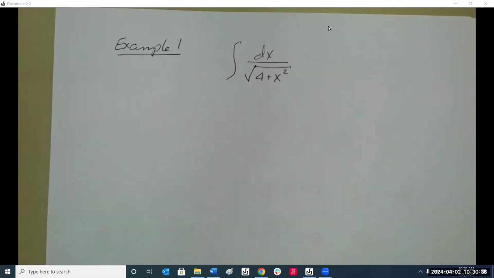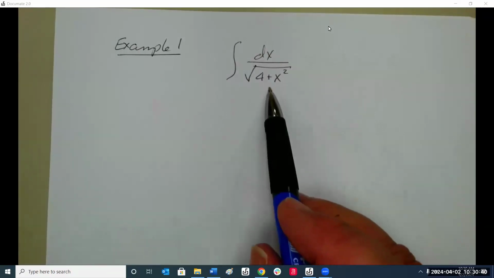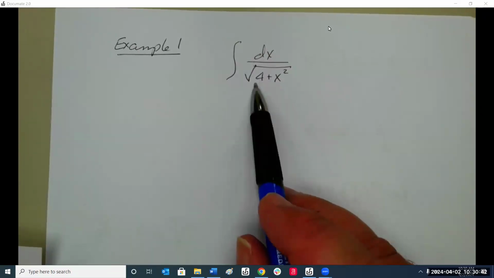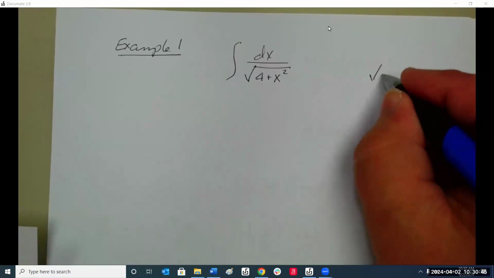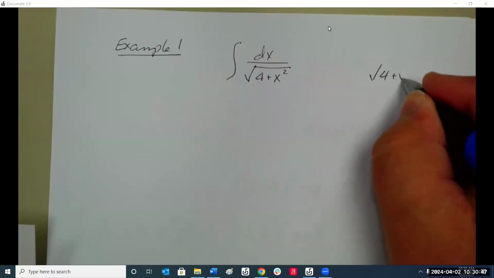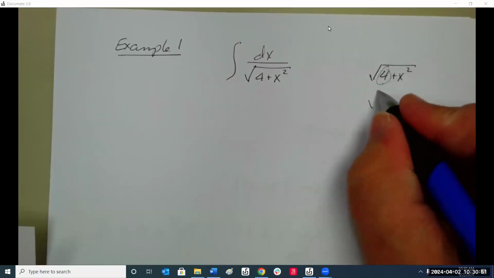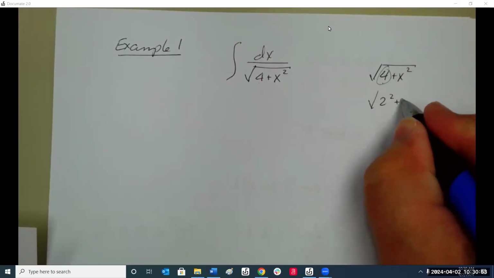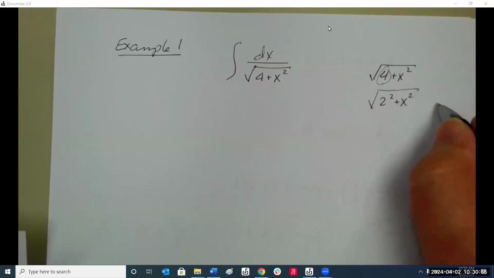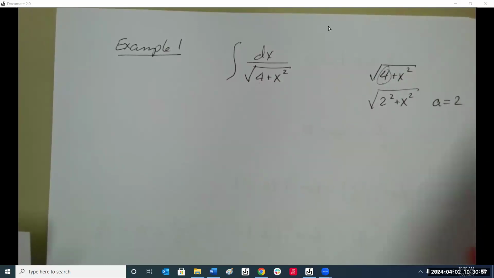Now, looking at our sheet earlier, which one deals with this one? We have to be aware that this has to be a perfect square. So we have 2 squared plus x squared, so our a equals 2.